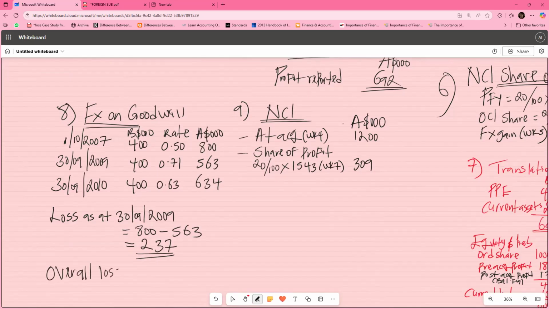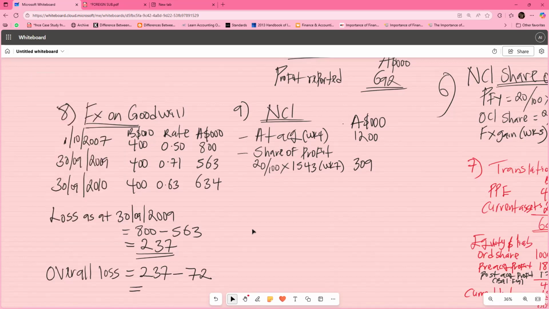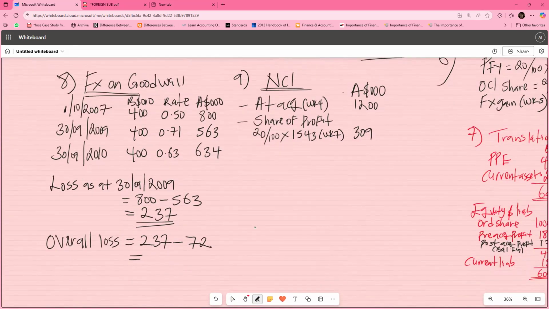So overall loss will now be that 237 minus, you can see that there's a gain this year, 72. So minus 72, there's 165. There's 165 loss overall from year to date.